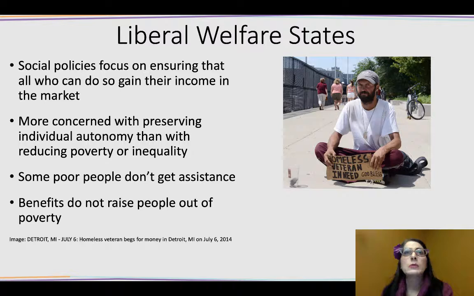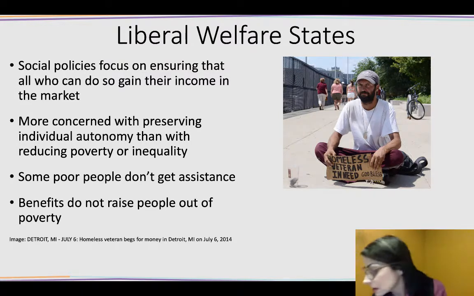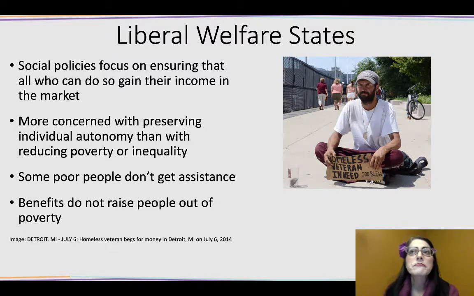So you have a lot of people who are on welfare who are actually known as the working poor. And it's not supposed to be that way. If you're working 40 hours a week plus, you should not have to be on welfare. That was always the idea behind the minimum wage.